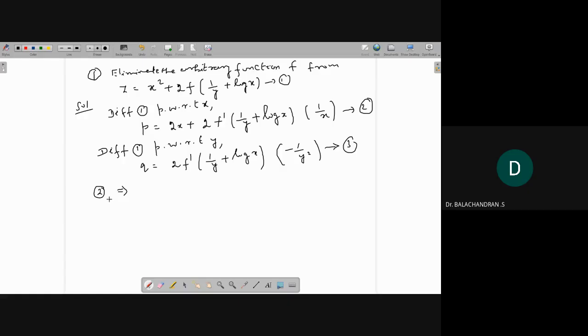So from 2, p minus 2x, as 2x goes to this side, is equal to 2 by x into f dash of 1 by y plus log x.